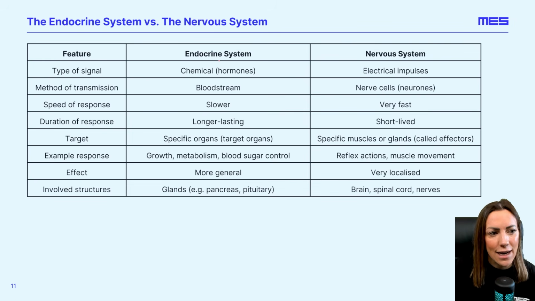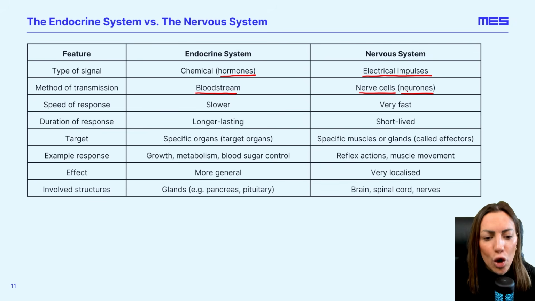So the endocrine system uses chemicals or hormones, which are chemical messengers, whereas the nervous system is using electrical impulses. Hormones travel in the bloodstream, whereas electrical impulses travel along nerve cells or neurons, like the sensory, the relay, and the motor neuron.